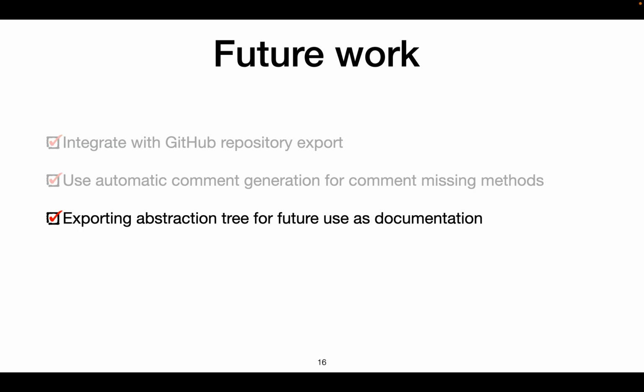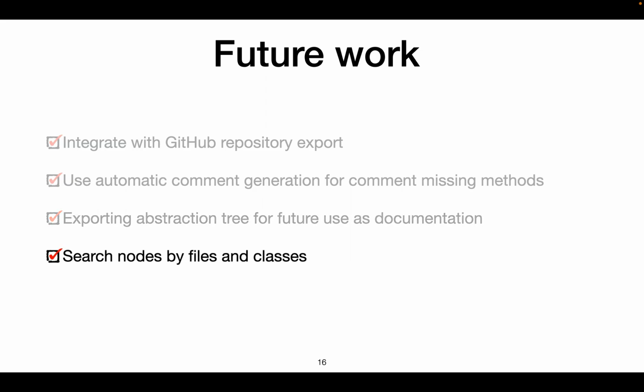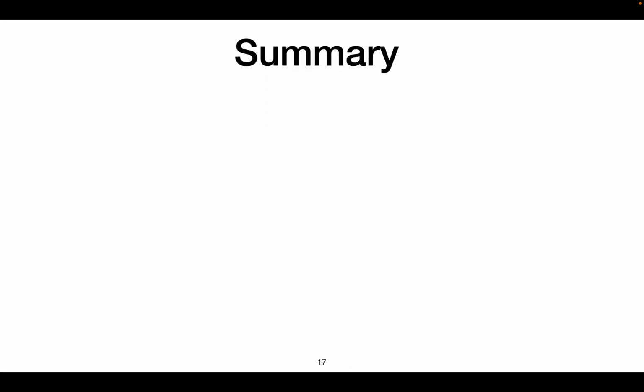Also we'll provide some documentation export features, so that developers can export parts of the tree and use them in their documentation. And as suggested by participants of the study, we will add search by file name and classes in addition to methods.